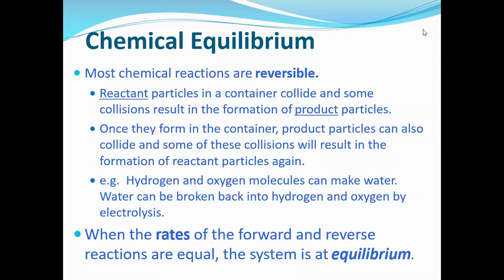Now, why is that so important? That's important because it means there'll be really no more net production of product. There'll be no more net loss of reactants. Reactants are always getting used up to create products, but now the products are breaking back down into the reactants at the same rate.